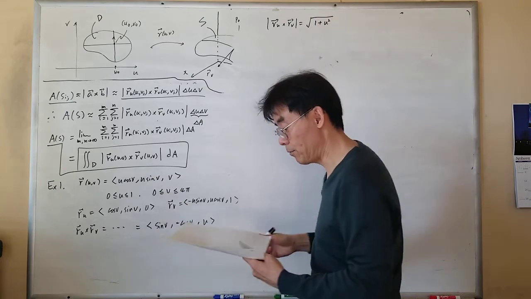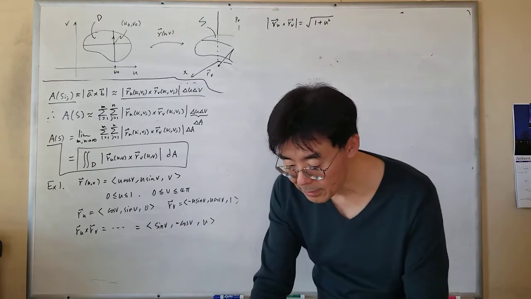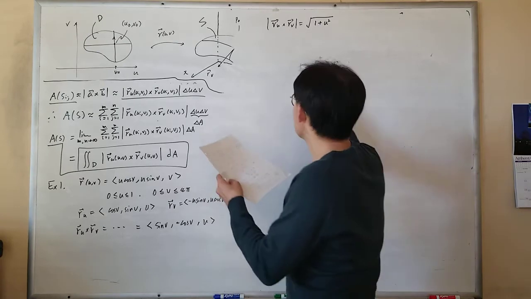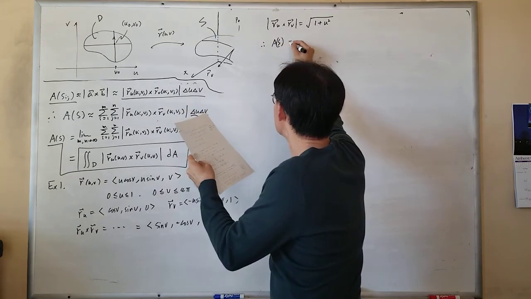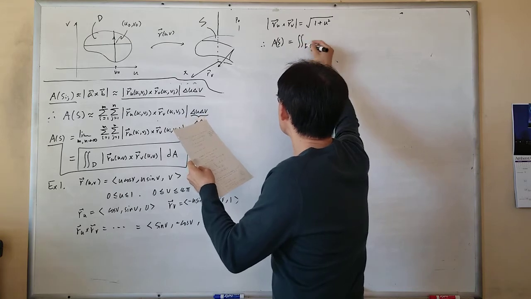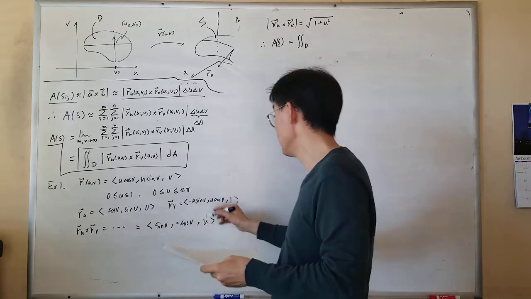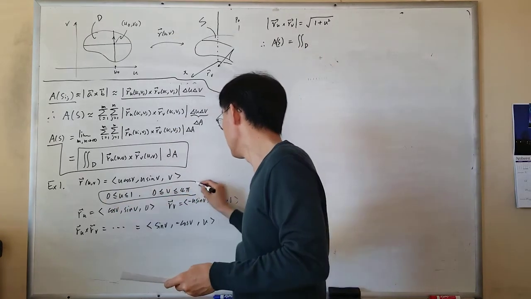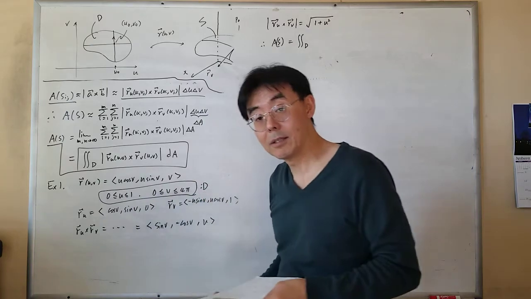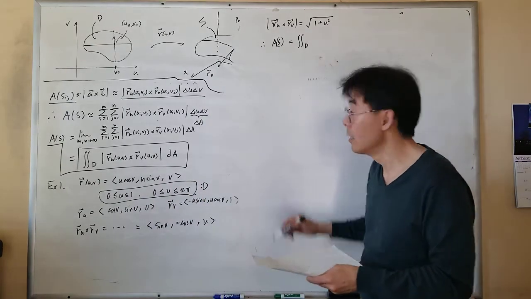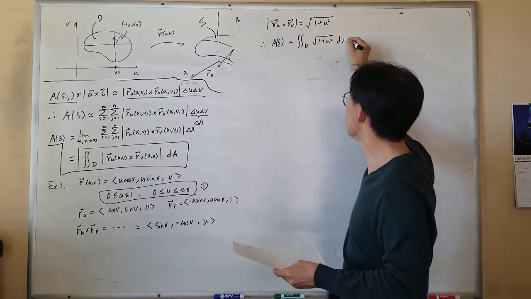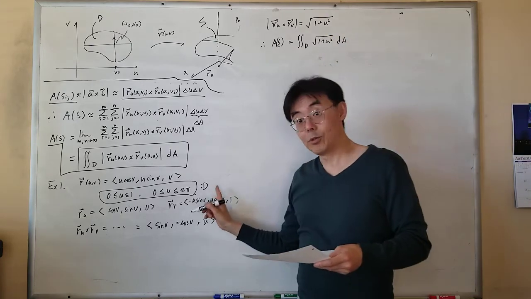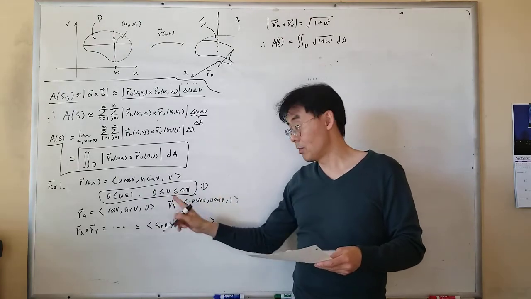So you just have to integrate that. So A of S is the double integral over D. Now D is this. This is D, the domain of the vector valued function, dA.